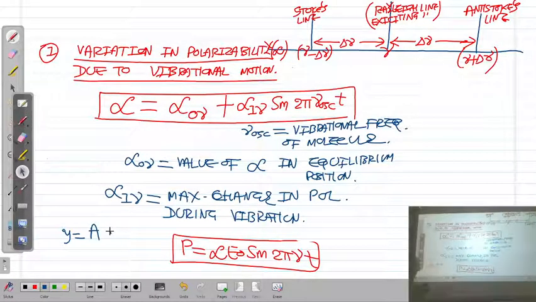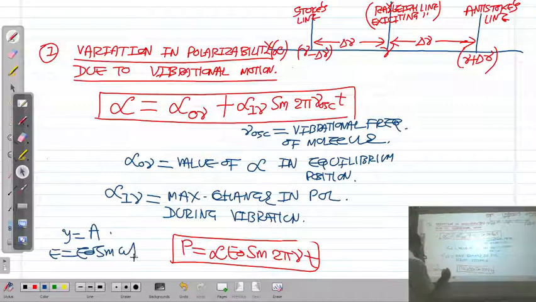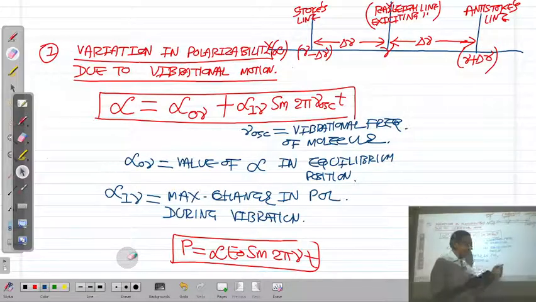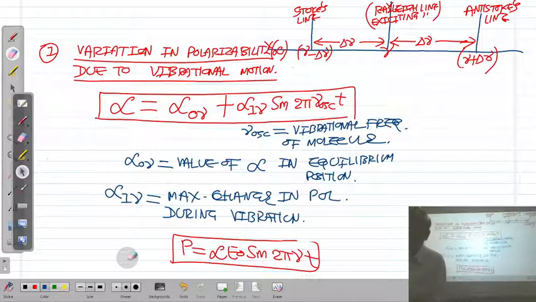So the maximum value of displacement is called amplitude. Here the maximum change in the polarity during its vibration is called alpha 1. When you write the equation E is equal to E0 sin omega t, what is E0? That is the maximum value of the electric field. So alpha 1 is the maximum change in the polarity during the vibrational motion of the molecule.